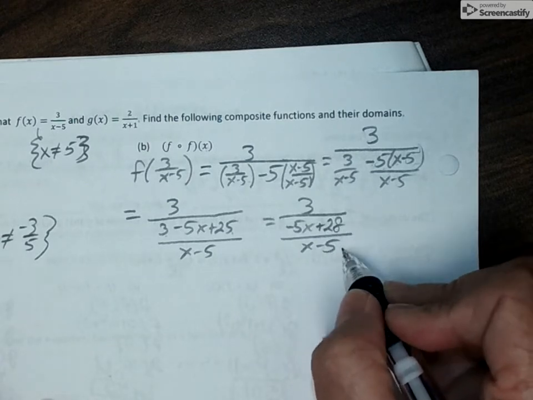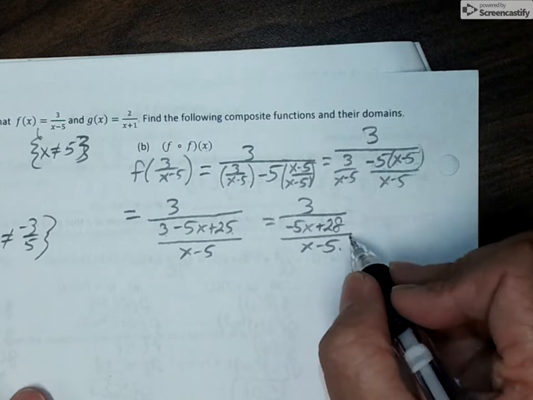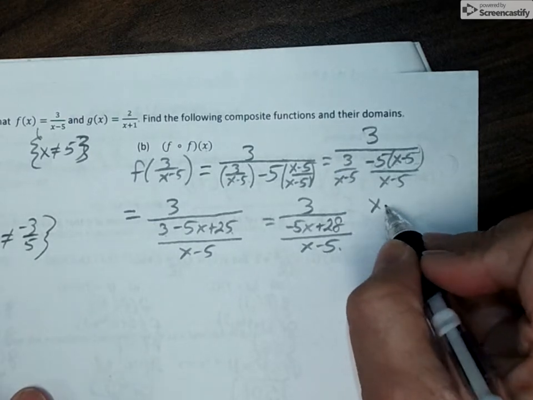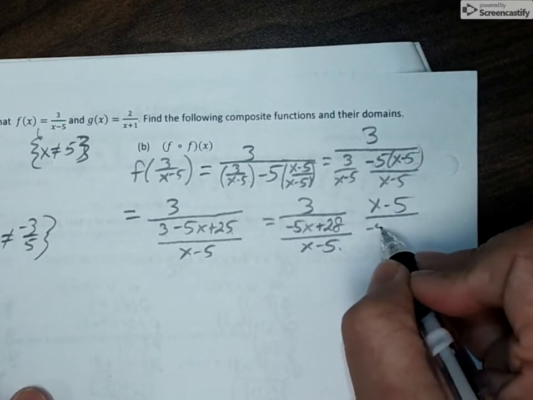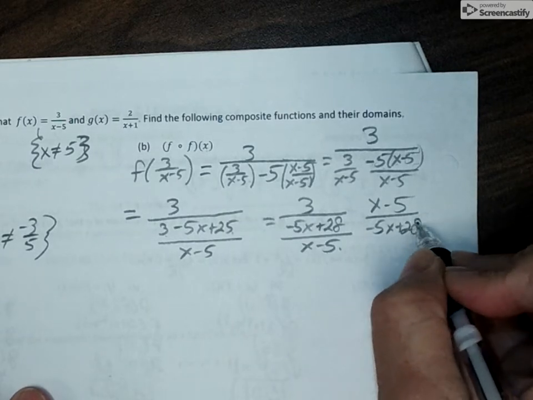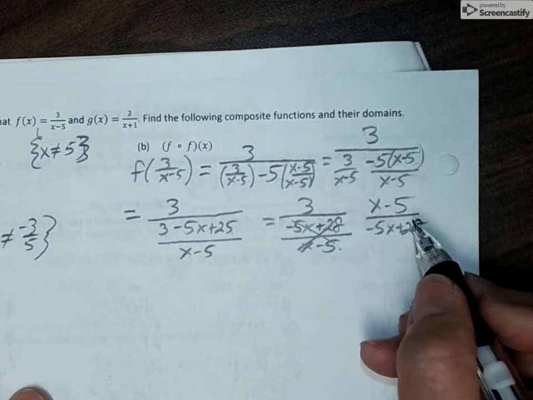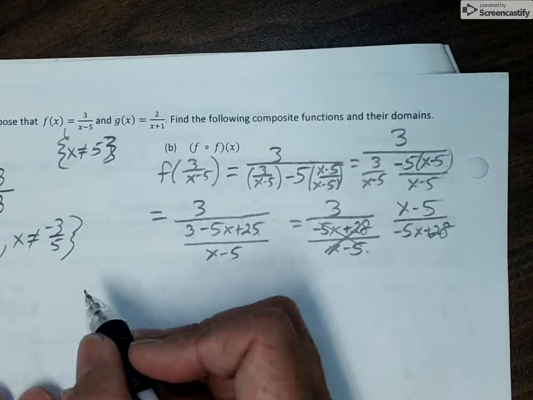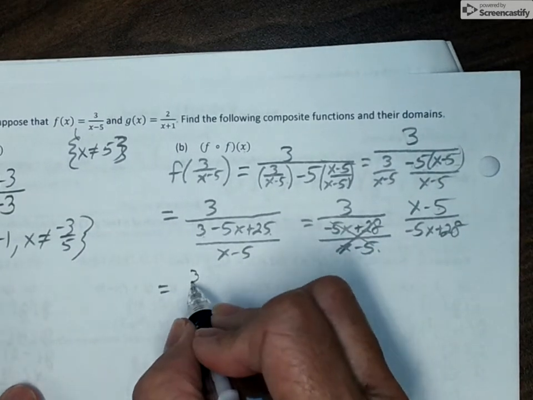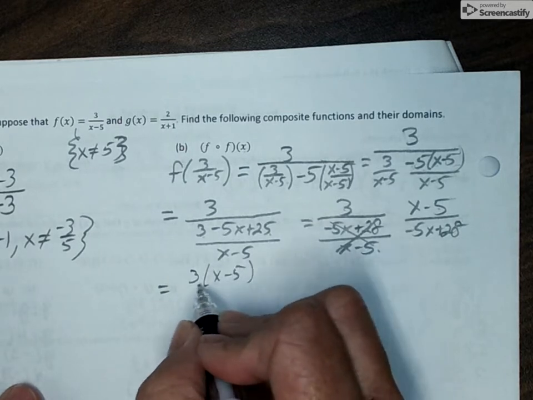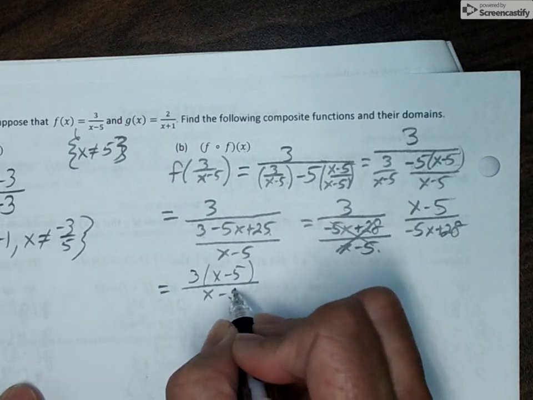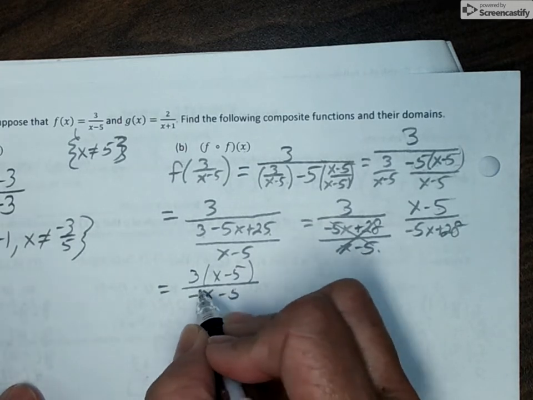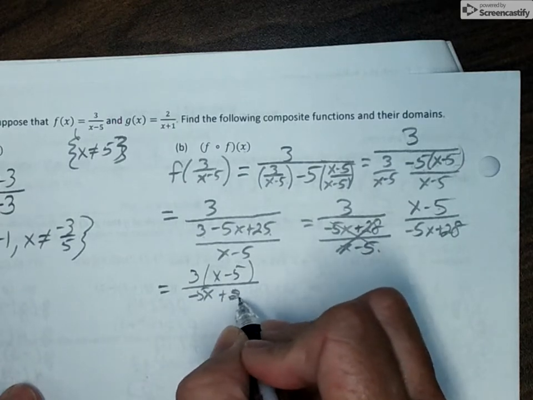We're dividing by a fraction, so I've got to take the reciprocal of the fraction, so that means (x minus 5) over (negative 5x plus 28). And now I multiply. So 3 times this gives me 3 times (x minus 5) over (negative 5x plus 28).